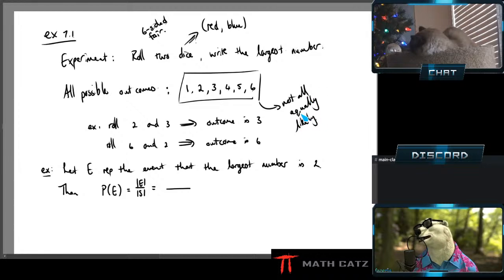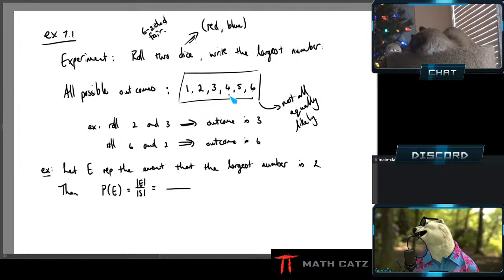If I just think about rolling some dice, getting a 1 as the largest number is not going to happen nearly as often as getting a 3 or a 4 or a 5 or a 6. Because I can only get the outcome 1 from rolling 2 ones. But I can get the outcome 4 from rolling a 1 and a 4, a 2 and a 4, a 4 and a 3, 2 fours, lots of different ways, right?